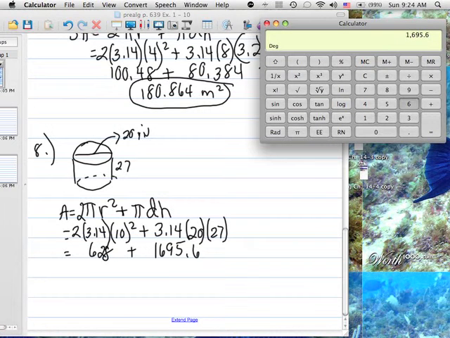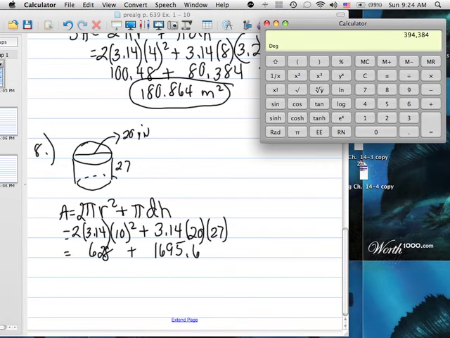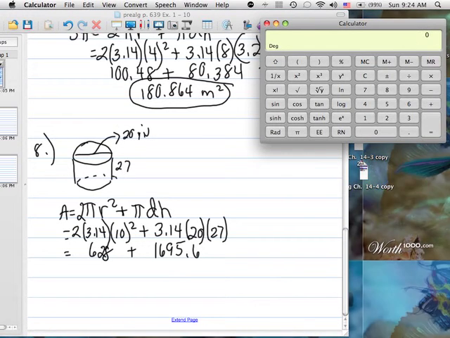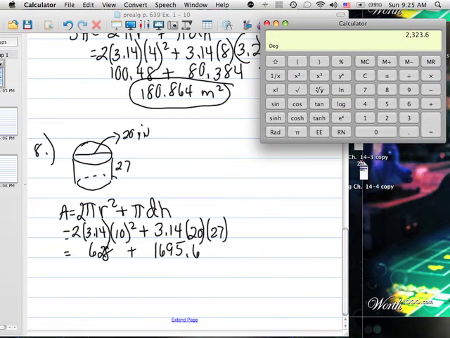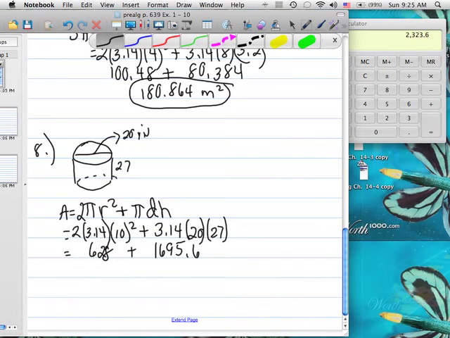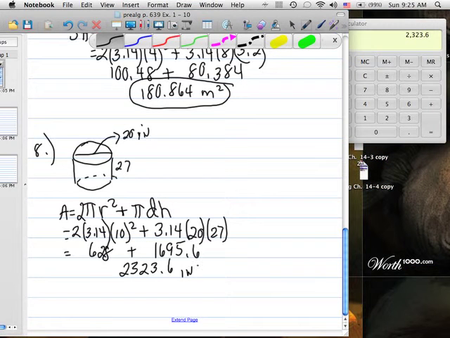Add to that the 628, and we get, I accidentally doubled that up. So 628 plus 1,695.6 gives me 2,323.6 inches squared of surface area.